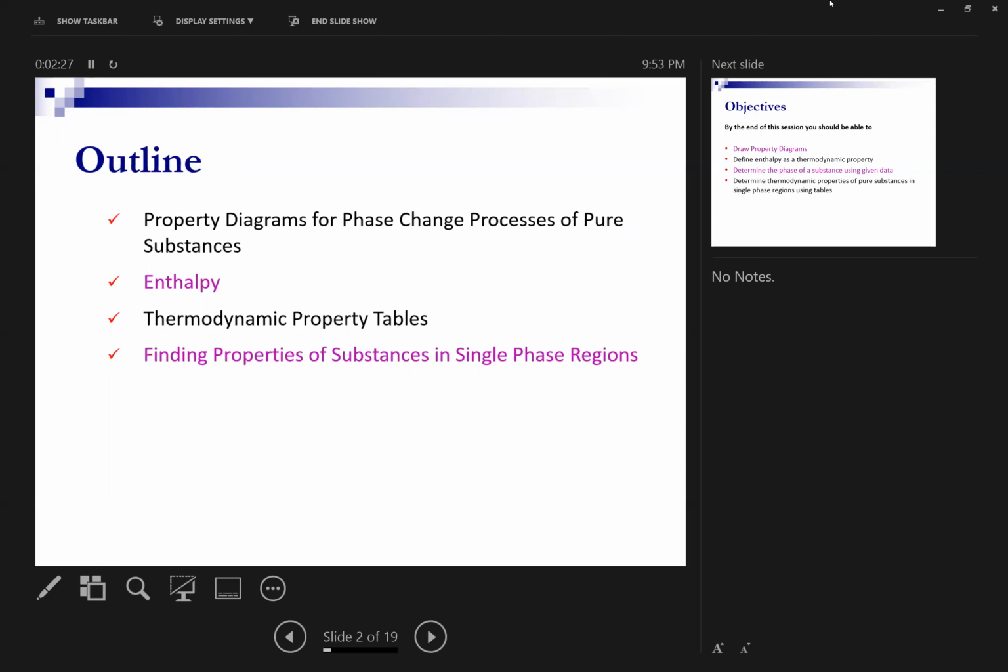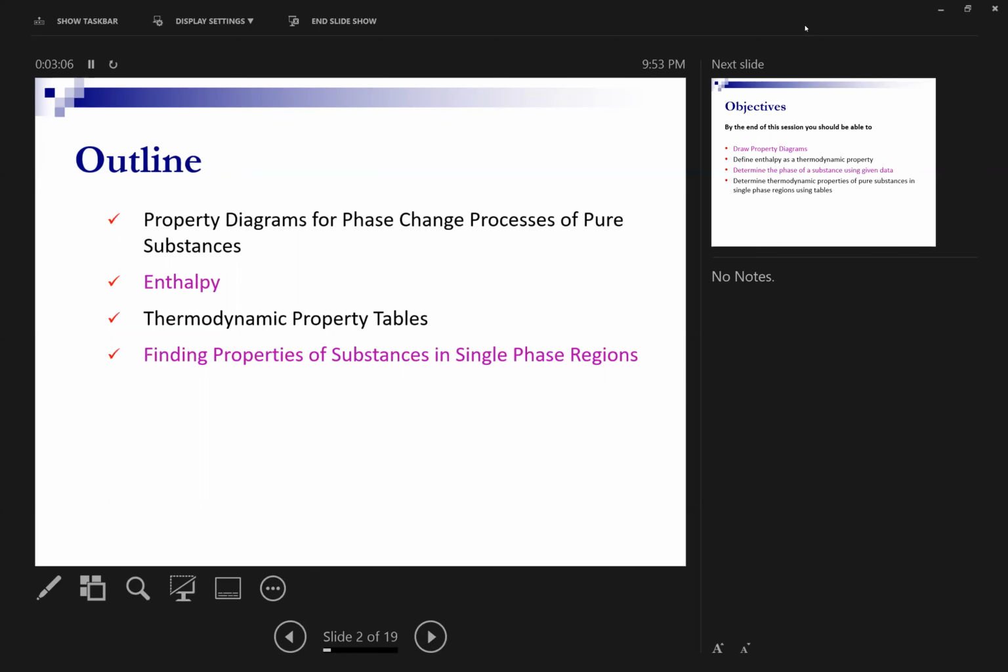After that, we will go over thermodynamic property tables and see how we can find the relevant tables to solve the problems. And finally, we will practice how to find properties of substances in single phase regions, meaning that we will use, for instance, the superheated tables in this section. In the next section, we will go over two-phase regions, and we will also try to find the properties of liquids without having the tables for them.